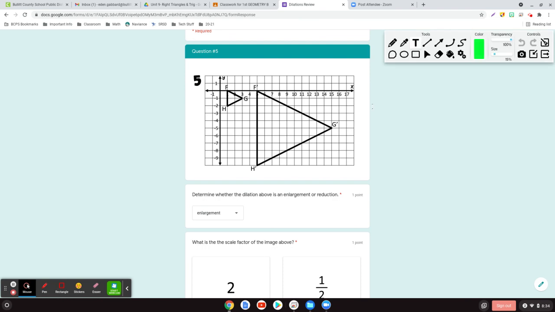So let's figure out our scale factor. Well, what point do we want to use?